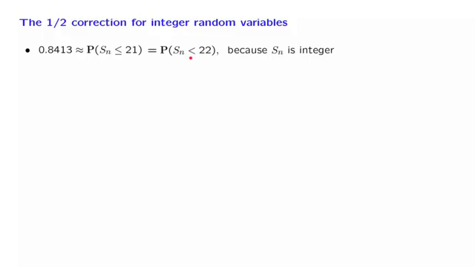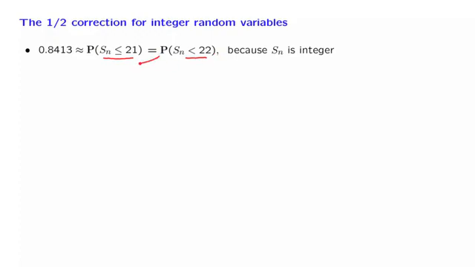Therefore, if I tell you that it is strictly less than 22, I'm also telling you that it is 21 or less. Therefore, this event here is the same as that event here, and therefore their probabilities are the same. So instead of using the central limit approximation to calculate this probability, let us follow the same procedure but trying to calculate this probability here.